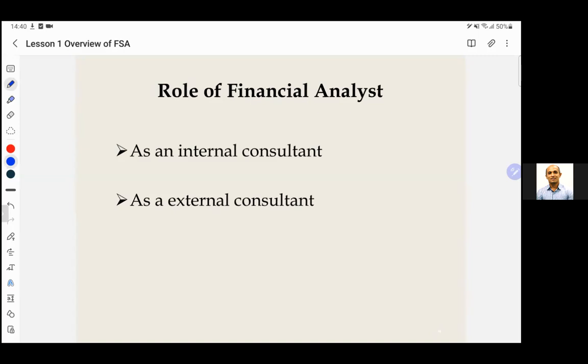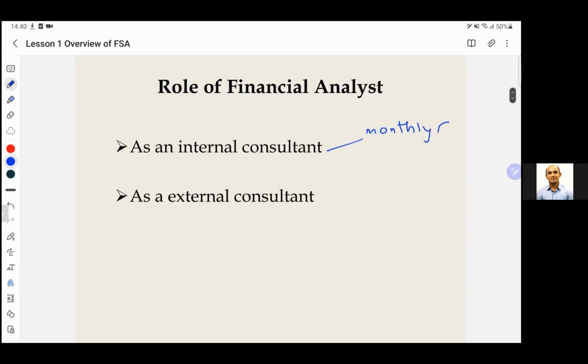Sometimes you are analyzing the monthly accounts, monthly financial statements. Sometimes you analyze quarterly financial statements. There are situations where you have annual financial statements, but they are not audited, unaudited.